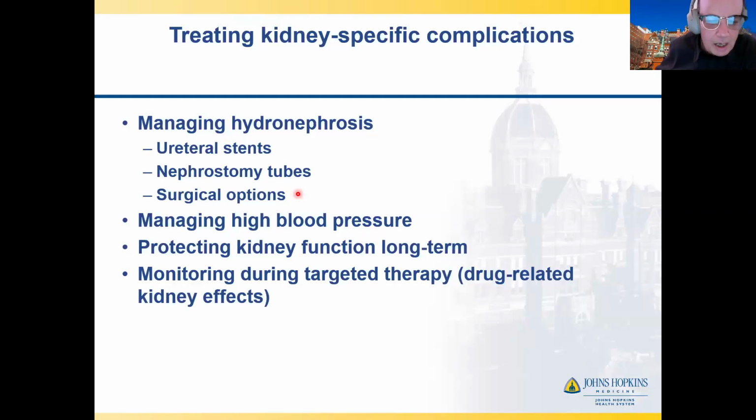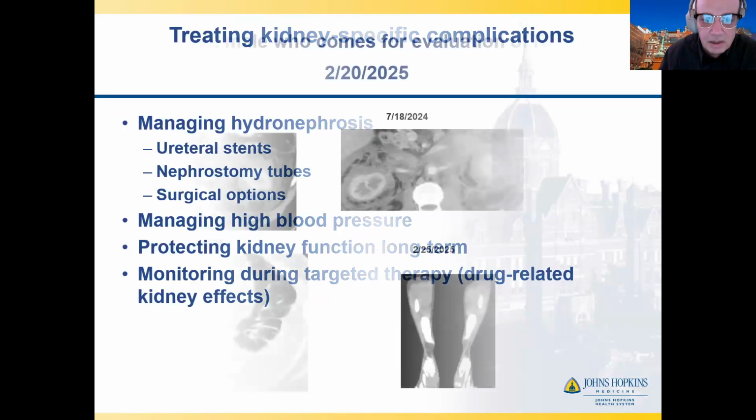Blood pressure control is definitely for everybody, and there are medications to protect the kidney long term that we use in addition to these MEK or BRAF inhibitors. So there are a lot of approved medications that actually preserve kidney function that we use in these patients. And then you have to monitor therapy because a lot of medications have side effects, and we'll discuss this.